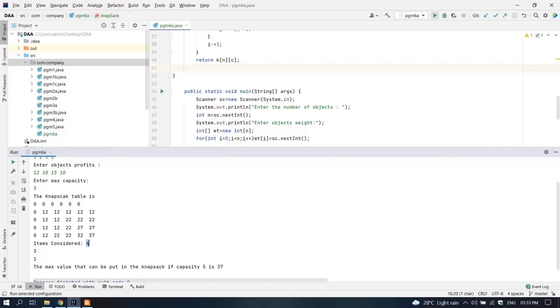So let us check with the example which we did in the explanation part.